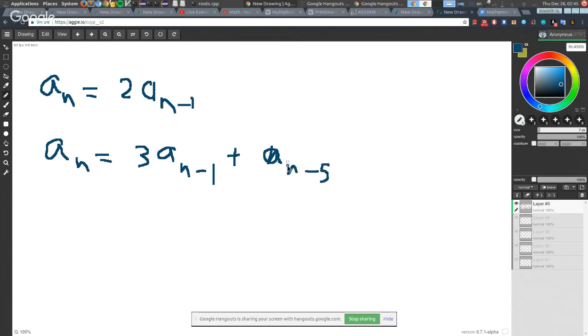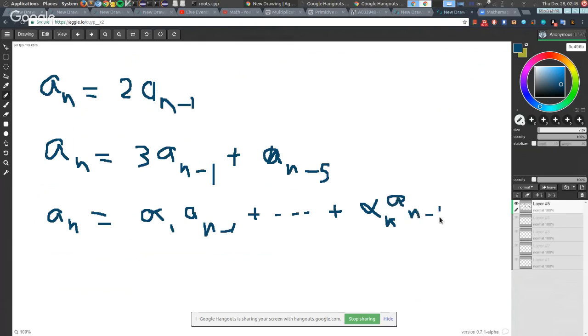So this is also a linear recurrence. In general, we can write it as something like that. So all of these are linear recurrences.